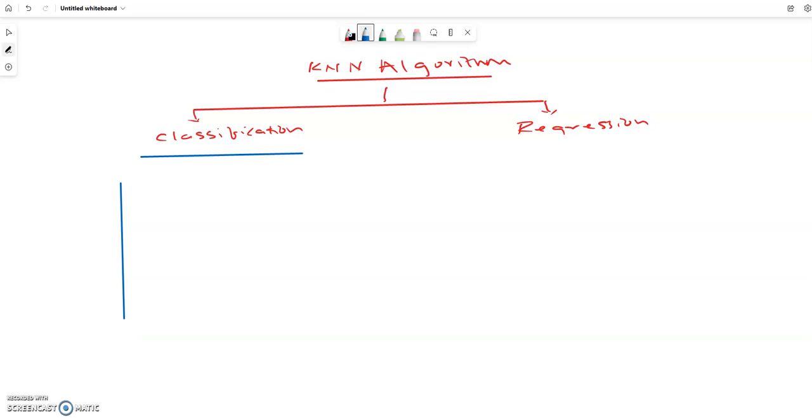Let's take the two axes. Let's say we have our data with red category. We also have another set of data with green category.